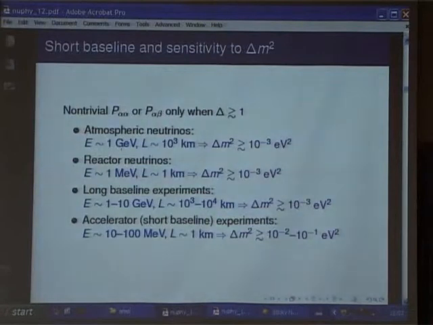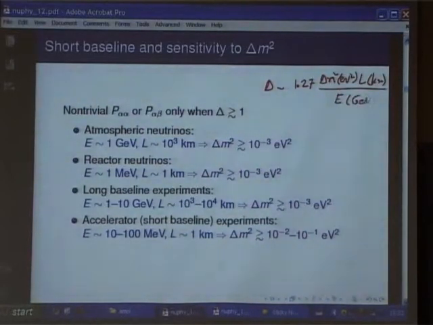Because you have energy of 1 GeV, then length is say 1000 kilometers, which tells you that delta n square should be greater than 10⁻³ electron volts. You remember this, right? Delta is 1.27 times delta n square, L in kilometers divided by E in GeV. So for atmospheric neutrinos, delta n square should be greater than about 10⁻³ electron volts.